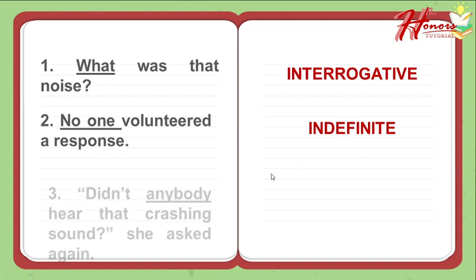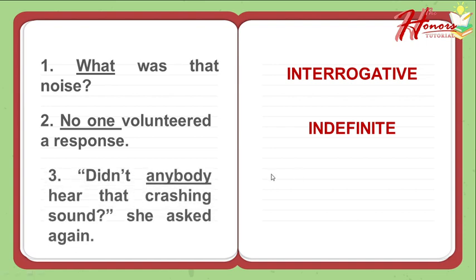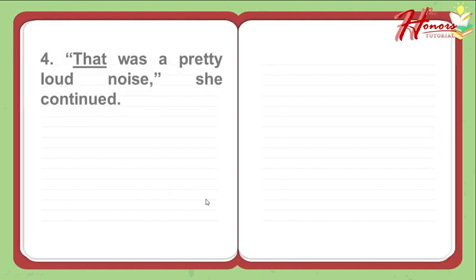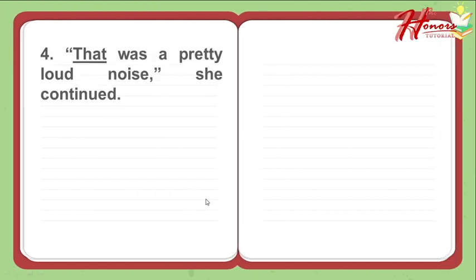Next, number 3. Didn't anybody hear that crashing sound? She asked again. In this example, the underlined pronoun is anybody. And what type of pronoun is this? Very good. This is also an indefinite pronoun. Next, number 4. That was a pretty loud noise, she continued. The underlined pronoun here is that.